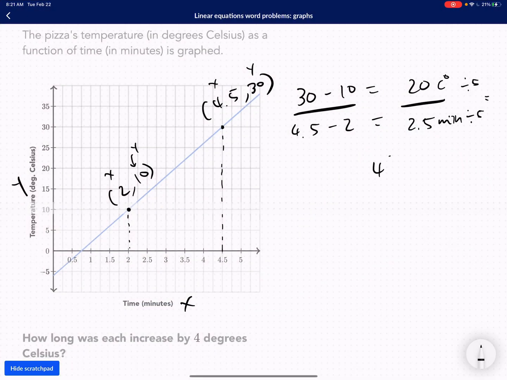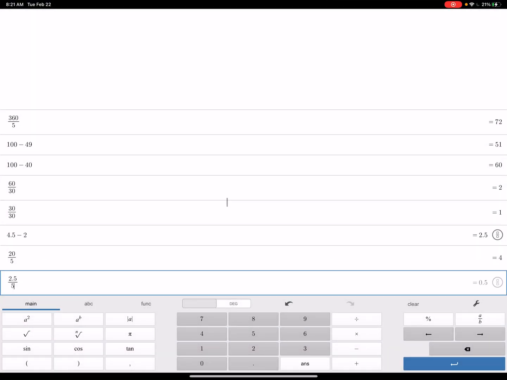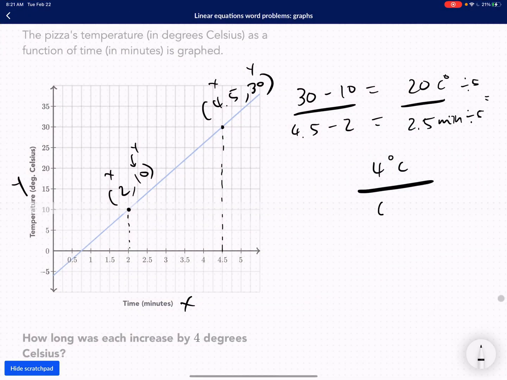So that's going to be 4 degrees Celsius over 2.5 divided by 5, which is 0.5 minutes. So in order to raise 4 degrees Celsius, it has to spend 0.5 minutes, which is 30 seconds.